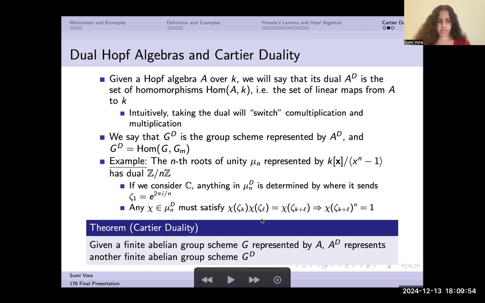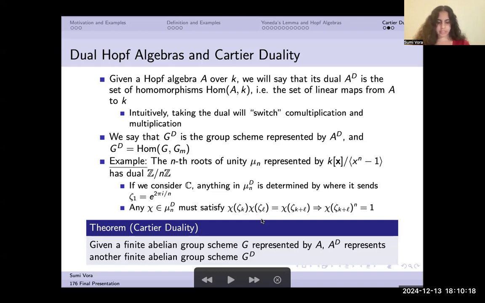So just to recap, we started with a group scheme, and we said that it's the same as a Hopf algebra, and we have all this theory of Hopf algebras and duals to get back really nice properties of group schemes. So we can use those algebraic properties to talk about group schemes.